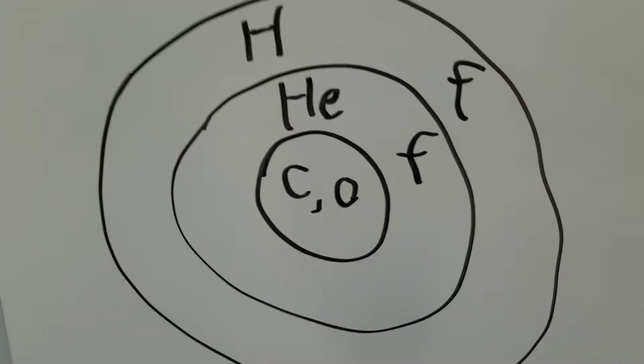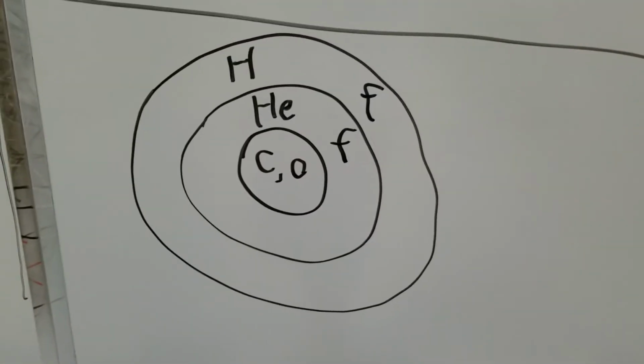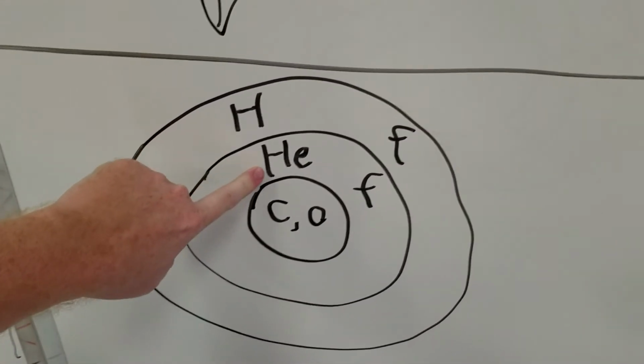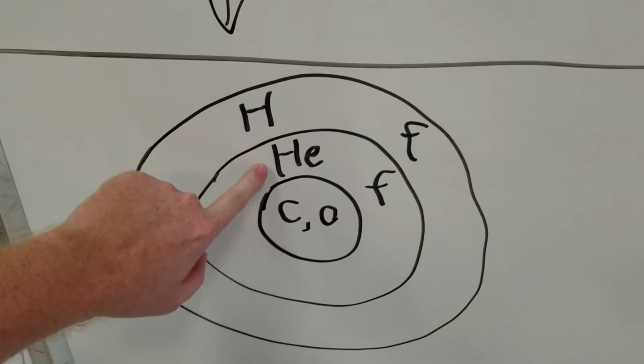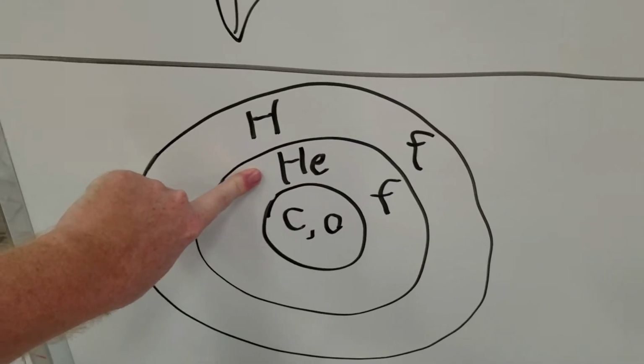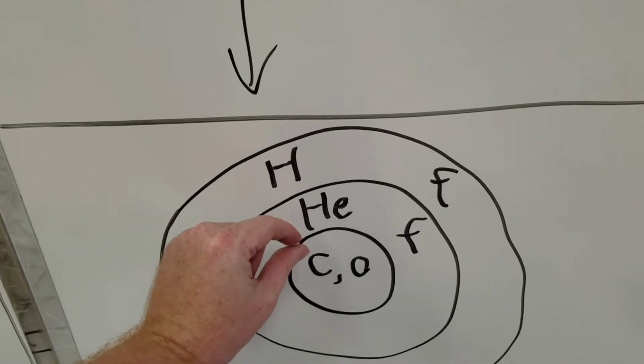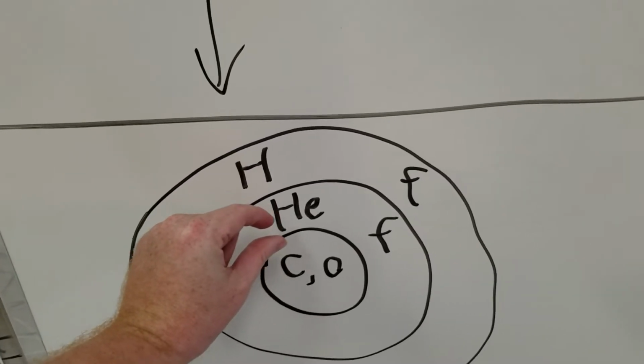Remember, in the AGB Giant stage, there are two shells around the core. Now, the helium shell will run out of fuel first because it's hotter the closer you are to the core. So let's imagine that this helium shell runs out of fuel. That means it's going to collapse and get hotter overall.